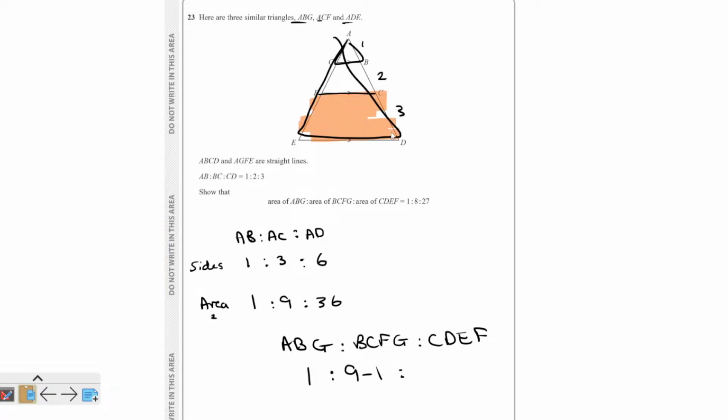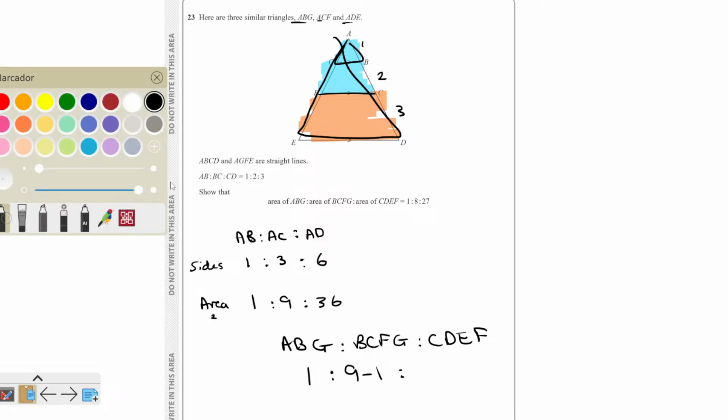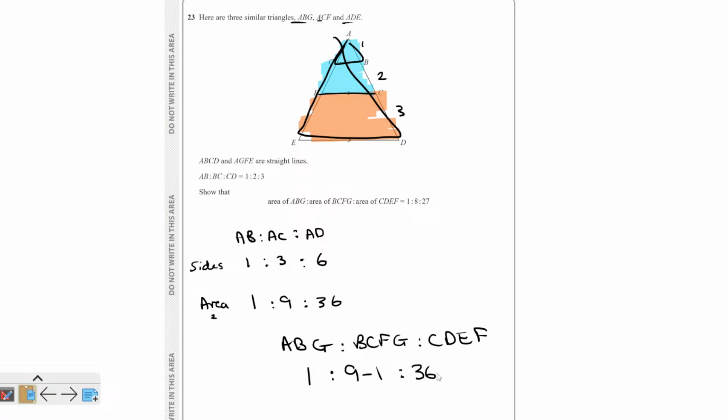This bit here minus triangle ACF, which was 9. So 36 minus 9. And that's where you would get the 1 to 8 to 27 from.